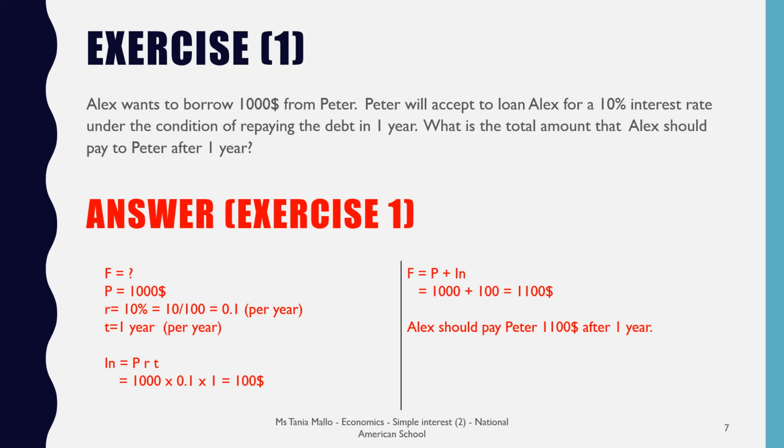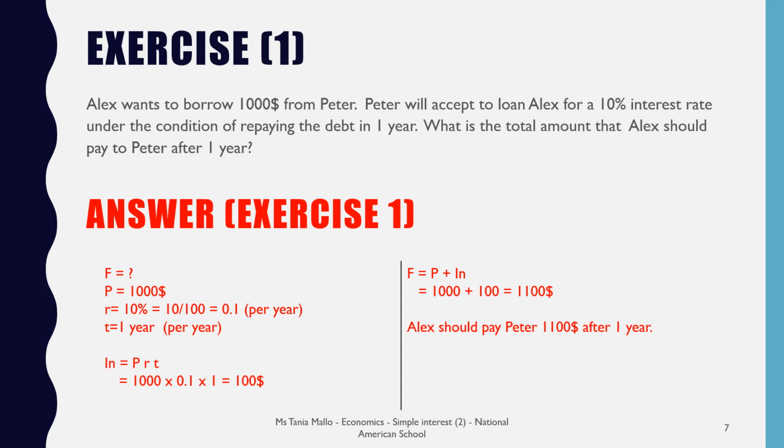As an additional exercise, Alex wants to borrow $1,000 from Peter. Peter will accept to loan Alex the $1,000 at 10%, on the condition of repaying it in 1 year.